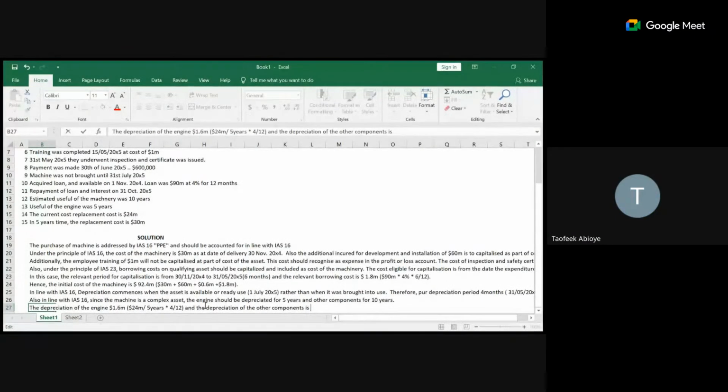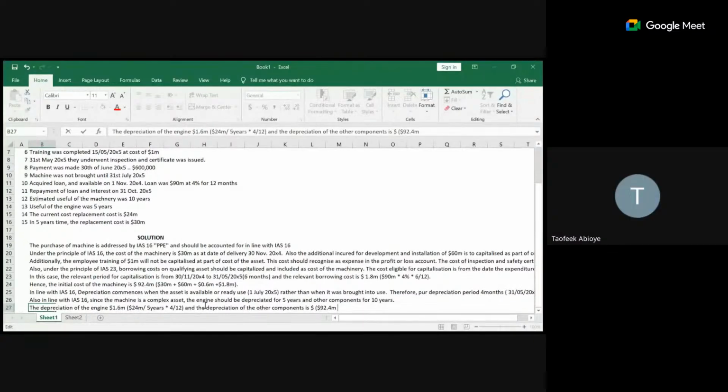No, we have capitalized some assets. Don't let us forget. Do you remember that we have capitalized? The total cost of that machine is 92.4. So the total cost is 92.4, right? Yes.